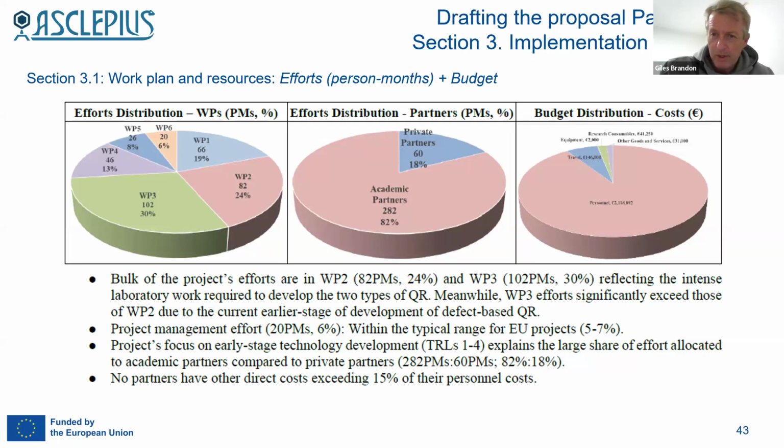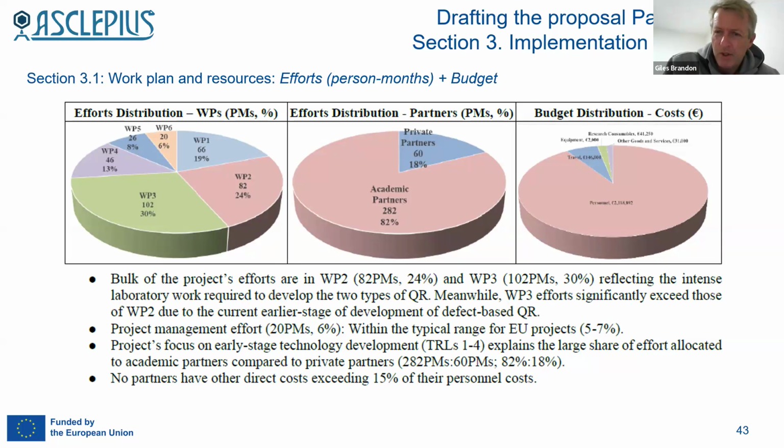Then the last pie chart, budget distribution. This shows the budget across the different categories, personnel, travel, and so on. The thing to bear in mind here is, if your travel budget exceeds about 10% of the overall budget, which is the case with Asclepius because it's a twinning project, make sure you write some words to explain why that's the case.